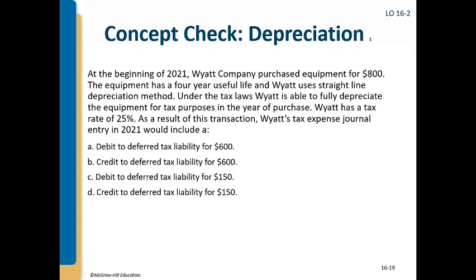But what they did for tax purposes is expense the whole $800. And so the difference there is $600. So there's a temporary difference of $600 between tax accounting and financial accounting.